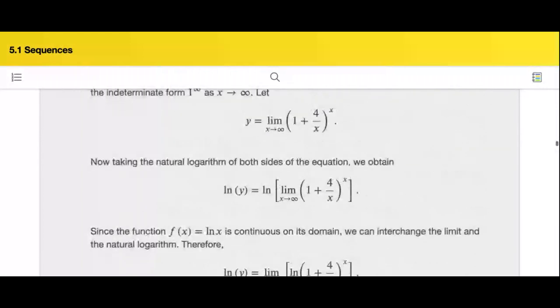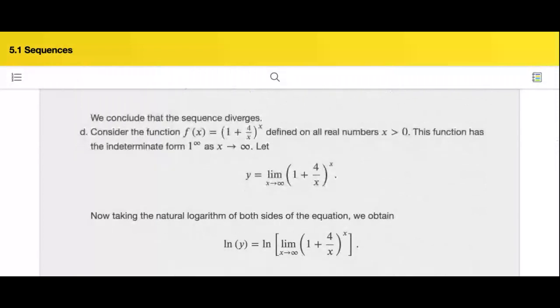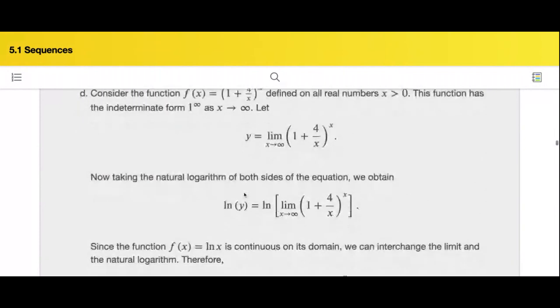Oh, D. Okay, let's go through D. For D, we can consider the function f of x equals 1 plus 4 over x, raised to the power x. How do we take the limit of this? Take a ln on both sides. I don't think we talked about this strategy before, or maybe you have learned it in another class.